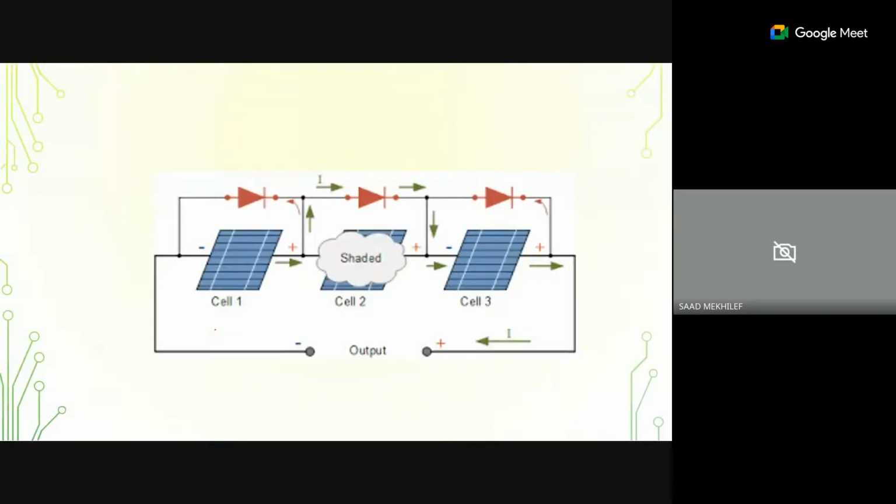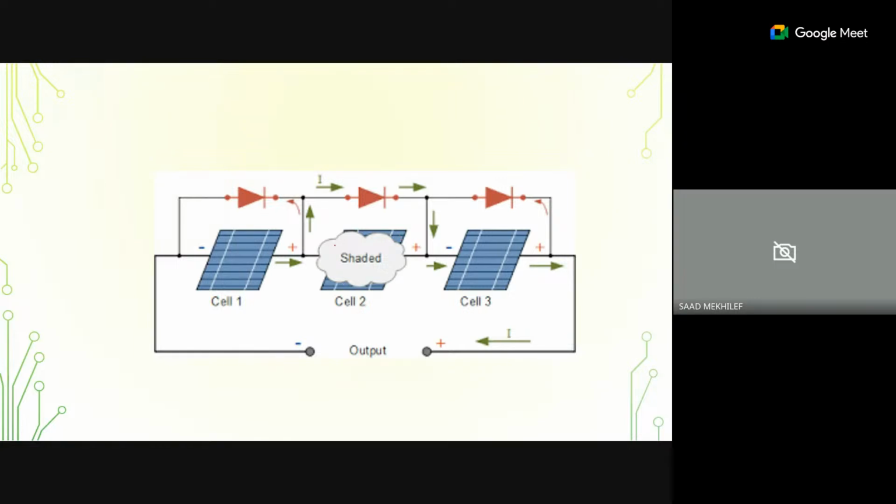But this is what actually happens. When we have series connected cells in a single module and one is shaded, what happens? The normal one is a generator, but if it is shaded, it becomes a load. So this diode, the voltage here will be higher than this, and then it will be activated, and the current will continue. So we bypass it.